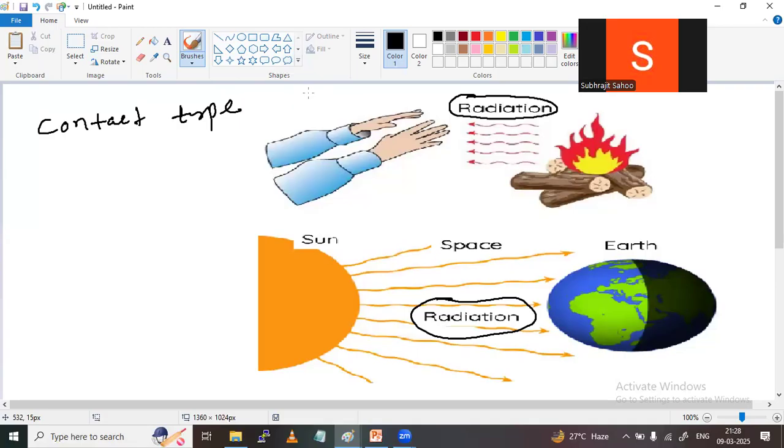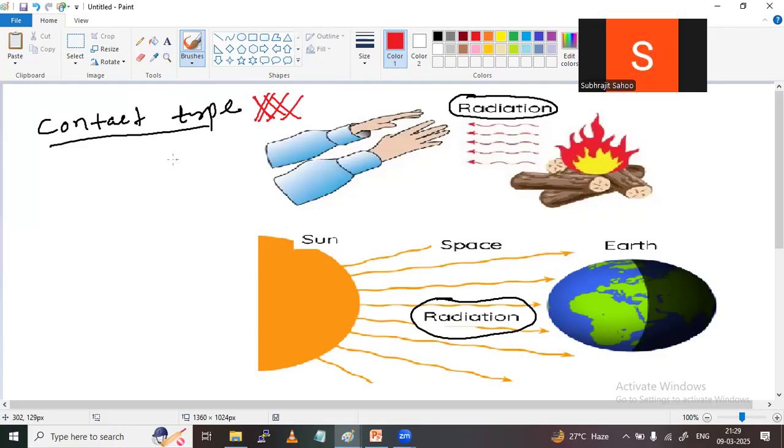We cannot do the same thing always. In most cases, we can use the contact type, but there are some special cases where this contact type temperature measuring instrument will fail to measure.